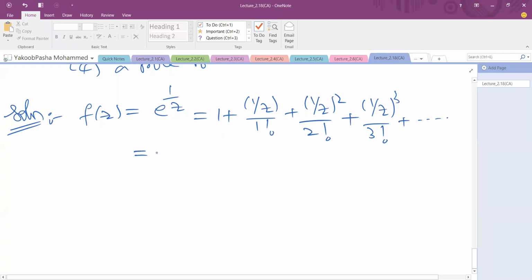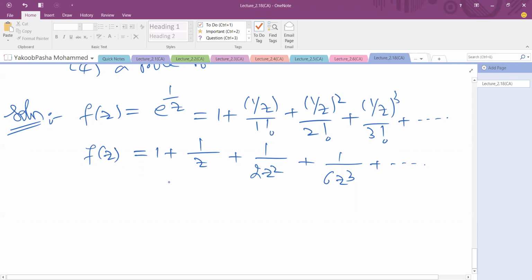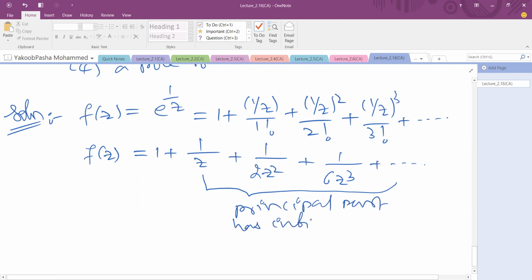So we can write here 1 plus 1 by z plus 1 by 2z square plus 1 by 6z cube plus and so on. Here clearly we can observe z equal to 0 is a singular point. Clearly this is the principal part, and this principal part has infinitely many terms.